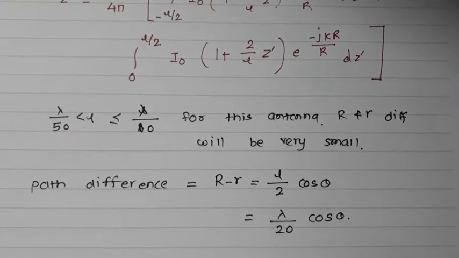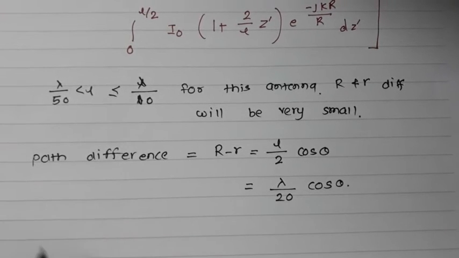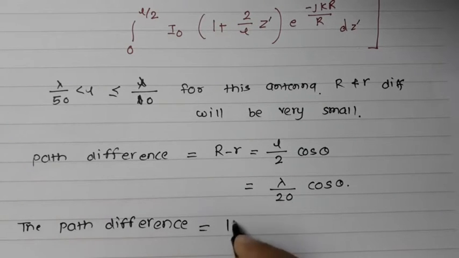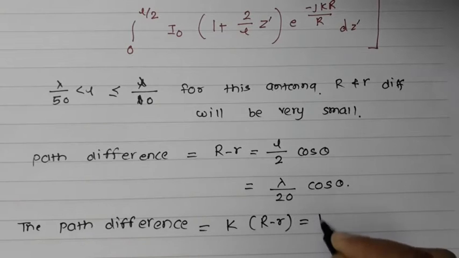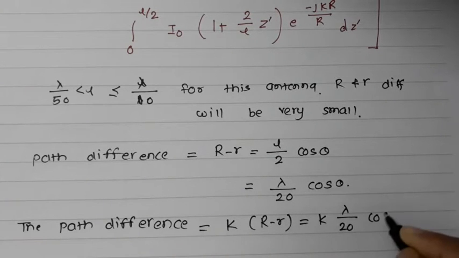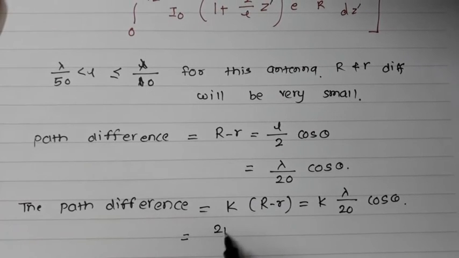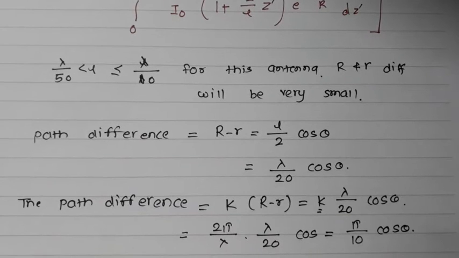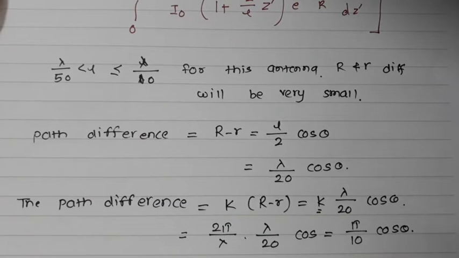So here the path difference, if you calculate, is equal to k(r minus r dash), k times lambda by 20 cos theta, and if you simplify it further you will get 2 pi by lambda, as I have put the value of phase constant, 2 pi by lambda, times lambda by 20 cos theta, which is pi by 10 cos theta.